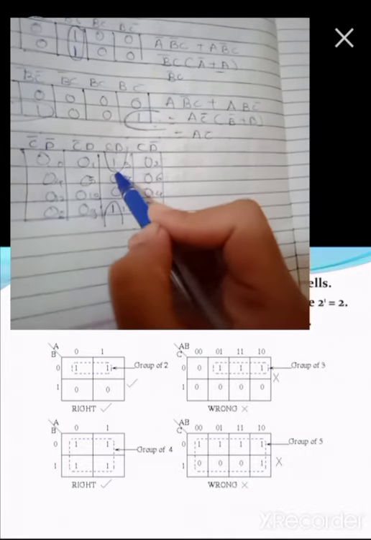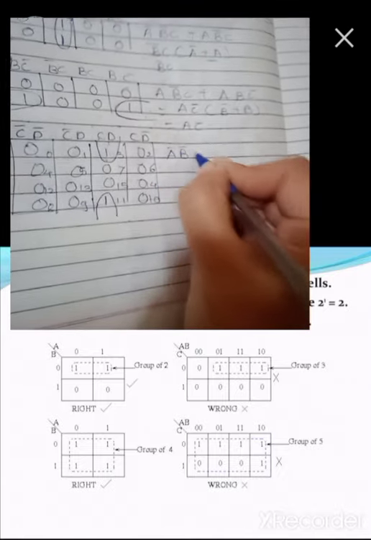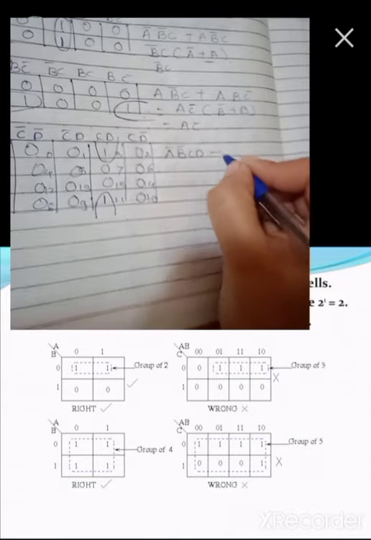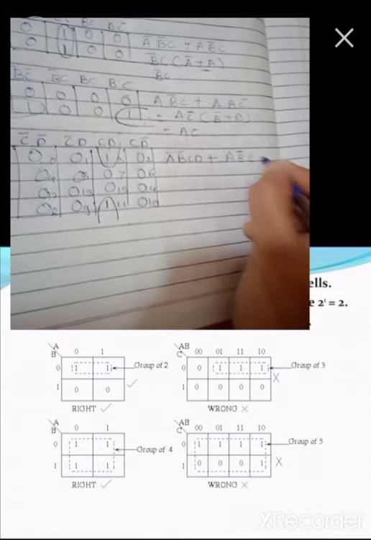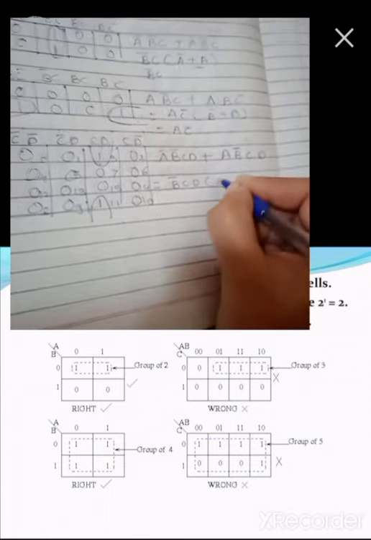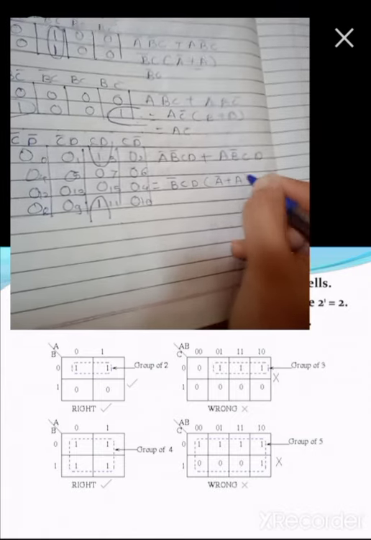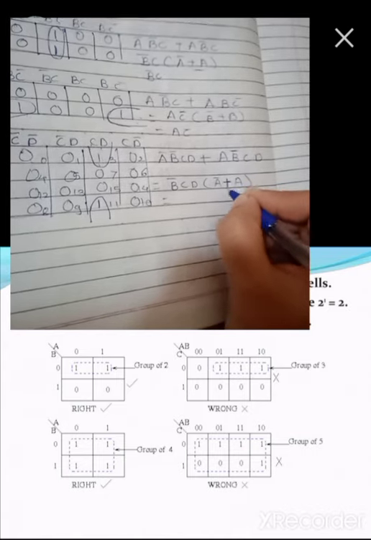Now for this one I will write A bar, B bar, C, D. And for this one I'll write A, B bar, C, D. So here the common variables are B bar, C, D. So in bracket A bar plus A will remain. A bar plus A is replaced with 1 by applying the OR law.